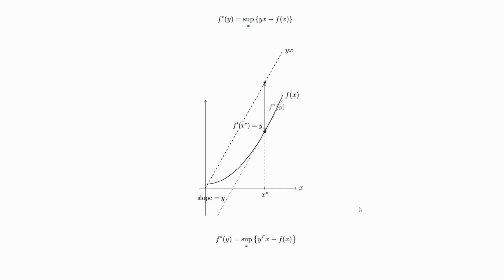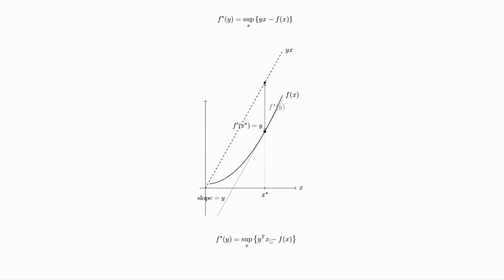Before explaining why, just a little technicality. The conjugate is defined in higher dimensional space, so instead of y times x, we have y transpose x, where y and x are in R^n. All right, back to what I was saying. Why is the conjugate f star always convex?